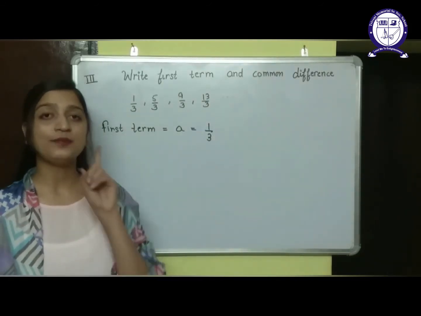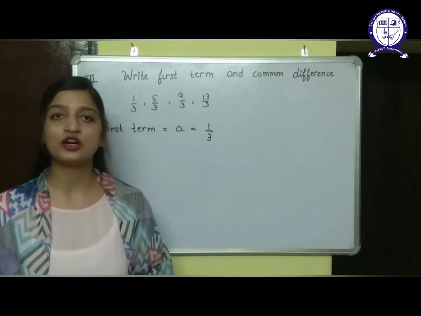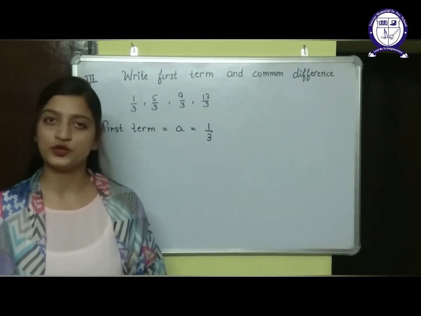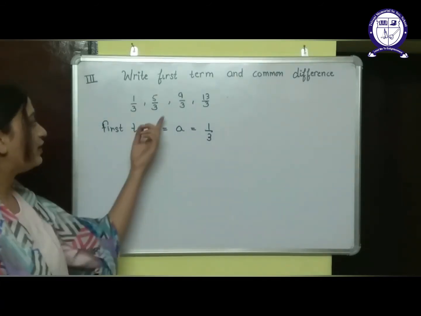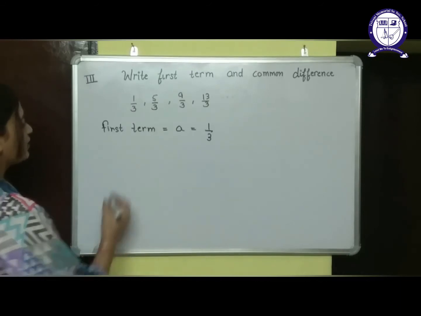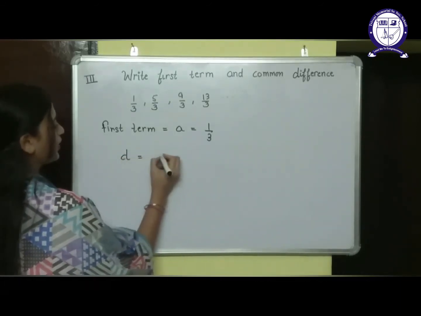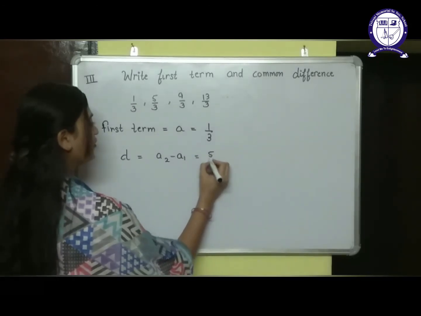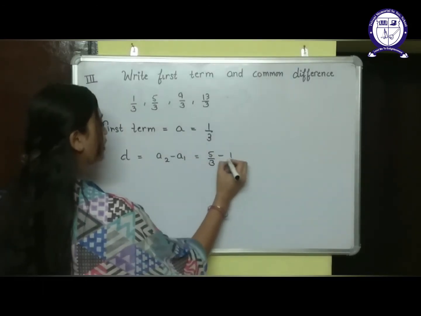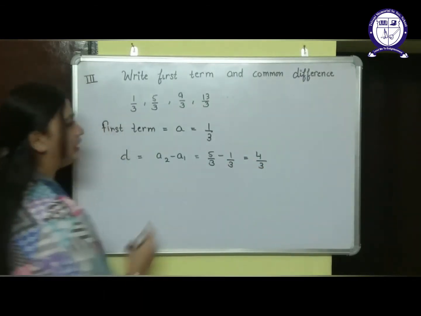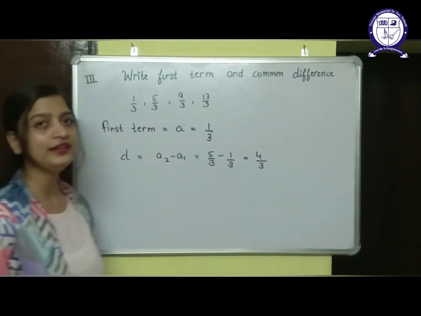Now in the type 1 question, we have found the common difference by subtracting any two consecutive terms. So I will take the first and the second term. Now taking the first and the second term, D is A2 minus A1, that is 5 upon 3 minus 1 upon 3, that is 4 upon 3. This is my common difference.